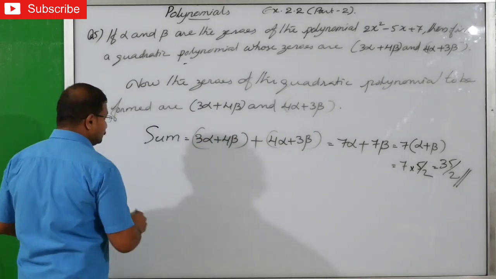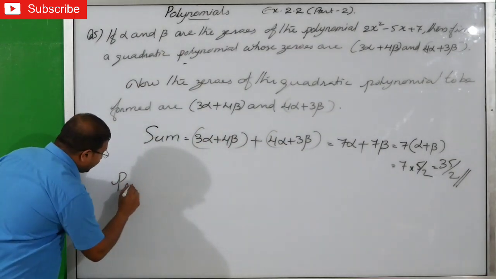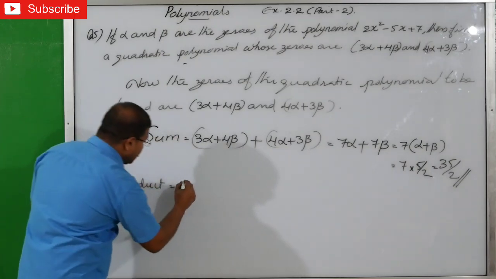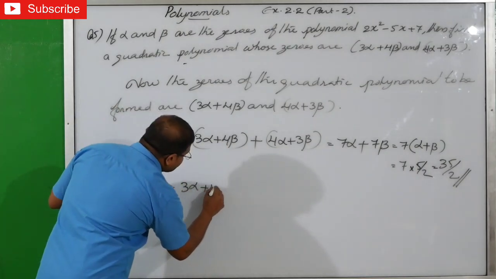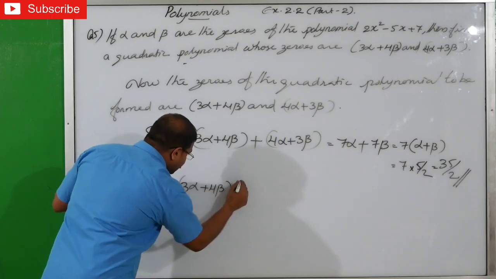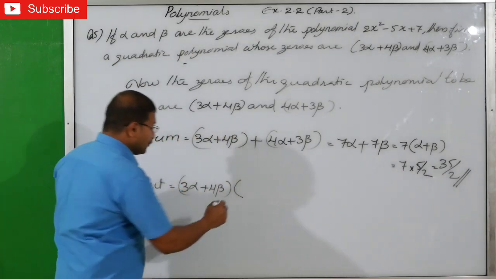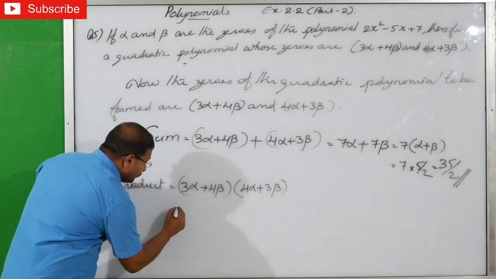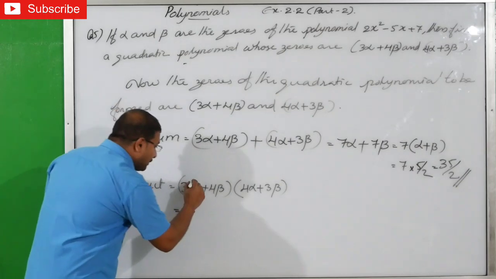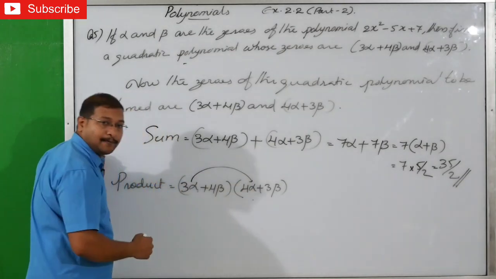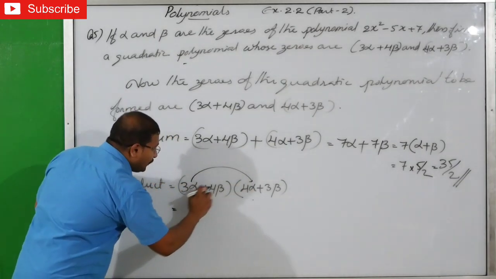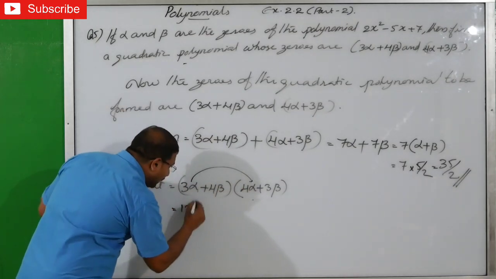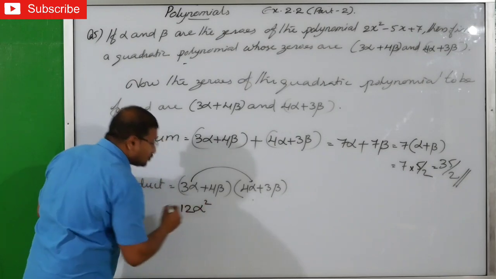Ready? Now the product of the zeros means these two will multiply. That means 3 alpha plus 4 beta into 4 alpha plus 3 beta. Multiplying, 3 alpha into 4 alpha: 3 4s are 12, alpha into alpha, alpha square.